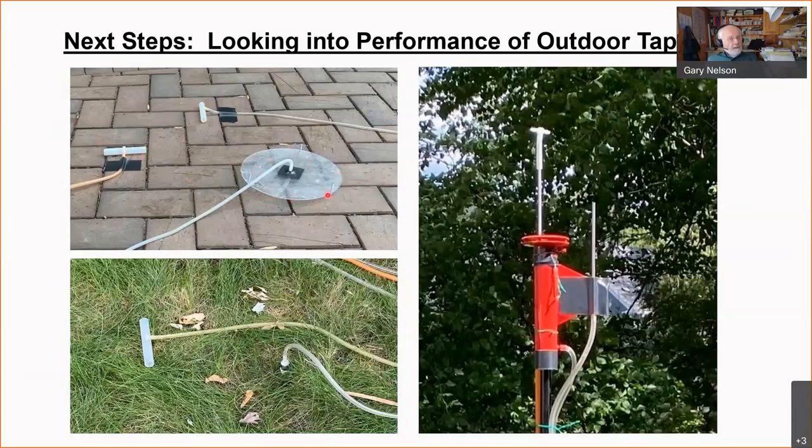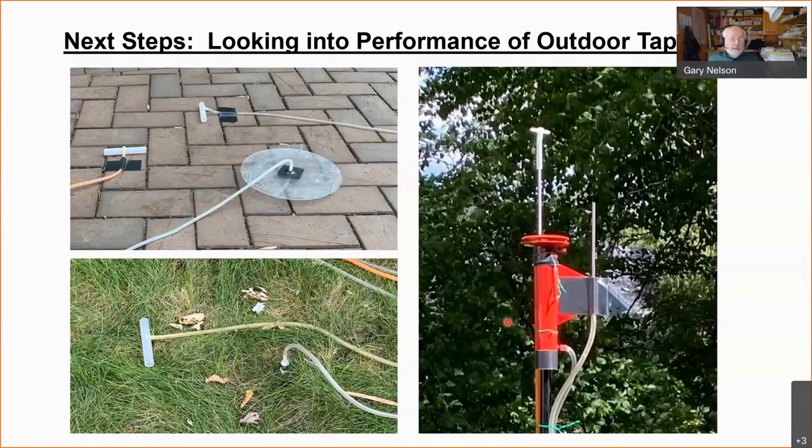If I take a disc and drill a hole in the middle and attach a pressure tap there and then suspend this disc about 5 millimeters above my patio, that seems to give me a much lower standard deviation. Unfortunately, I didn't have very high winds, so I used a fan to blow air across it, and I need to test this with some real wind.